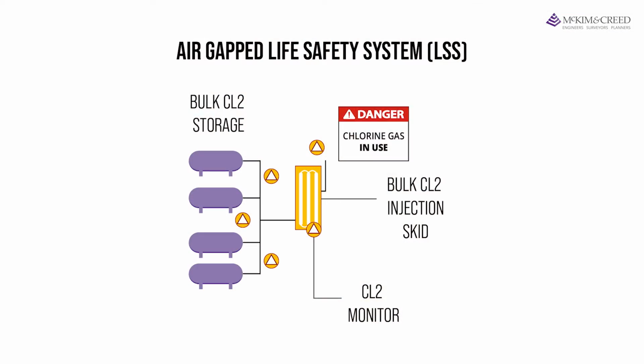So now that we've defined an air gap, let's talk about what systems we may see that are built for air gap. Some of those systems might be a life safety system. These systems monitor toxic gas in the air. They could be lower explosive limit monitoring. They could be oxygen depletion. The point is, these systems measure the atmosphere, they look for a specific chemical or compound, and they alert either by a horn or by lights or by both.